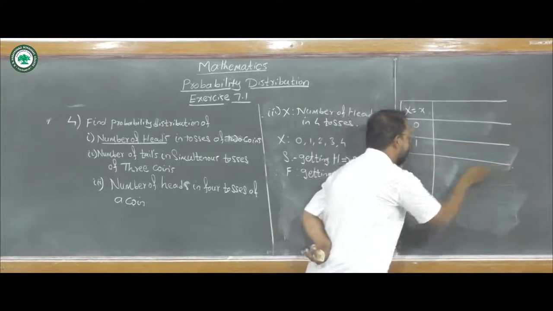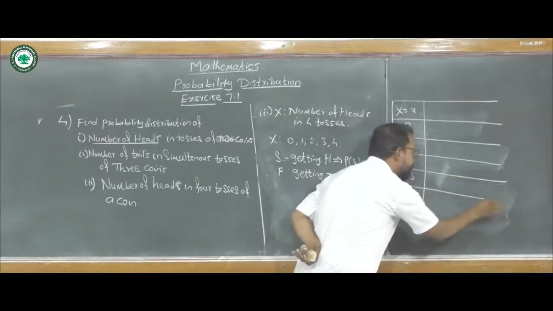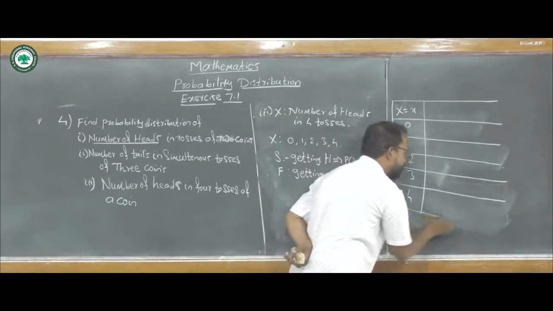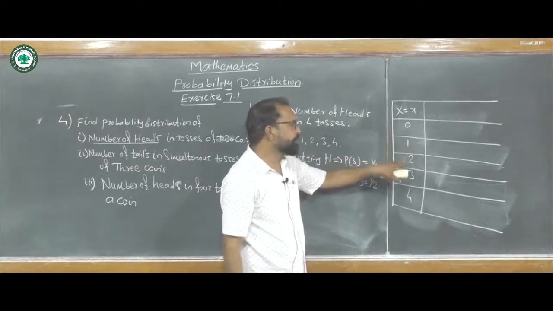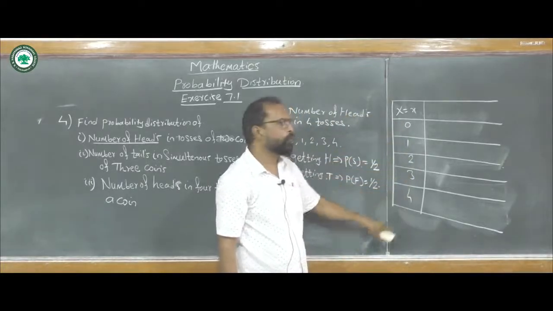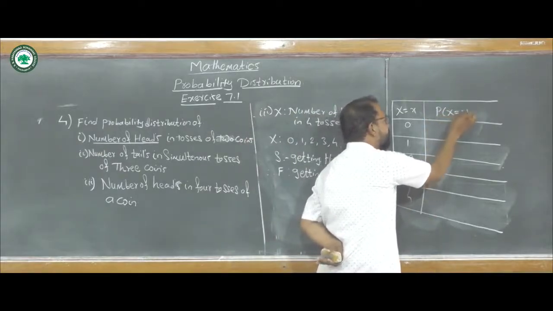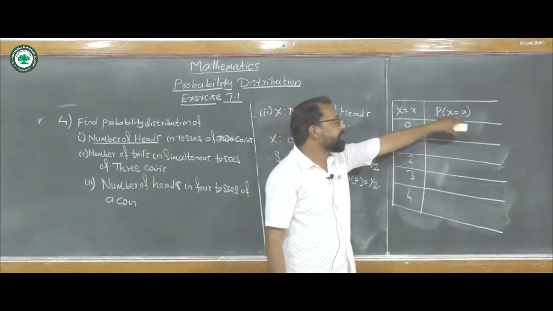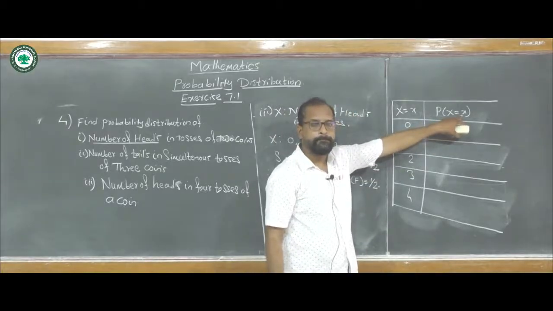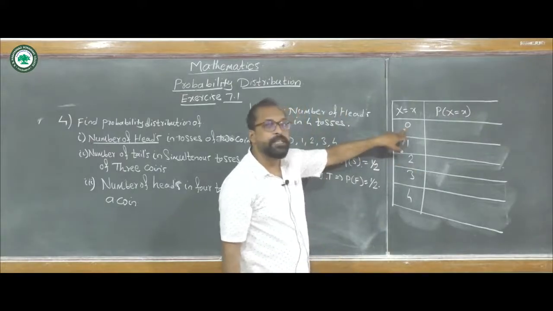The values of this random variable are 0, 1, 2, 3 and 4. Now here we write the corresponding probabilities, P(X = x), that is when the random variable takes the value x.